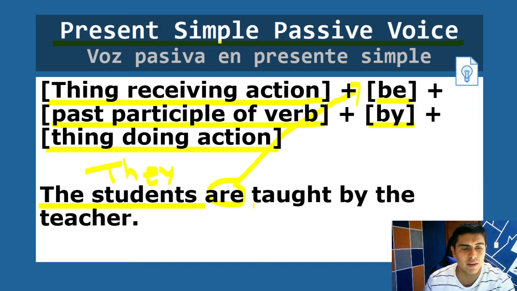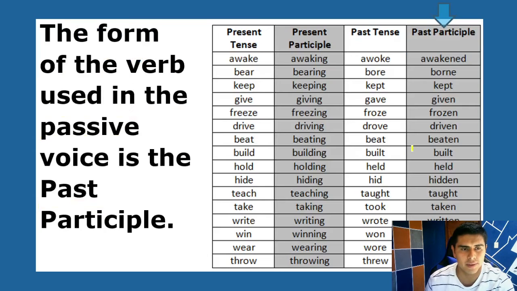En el pasado, el verbo en este caso es teach y el pasado participio de ese verbo es taught. Ese es el pasado participio. Then the preposition by, con la cual indicamos quién está realizando la acción. And finally, the teacher. The students are taught by the teacher. Los estudiantes son educados o enseñados por el maestro.